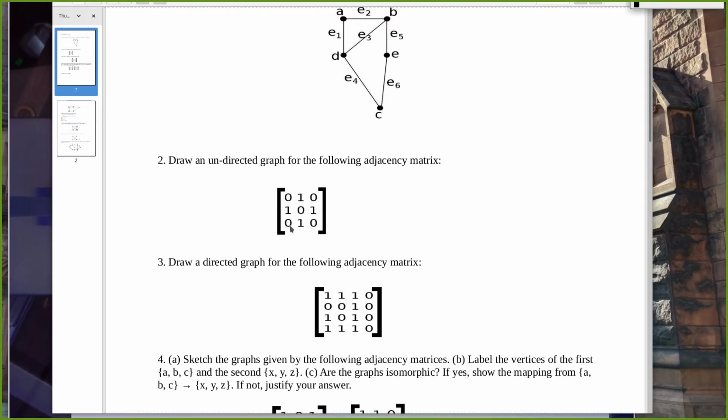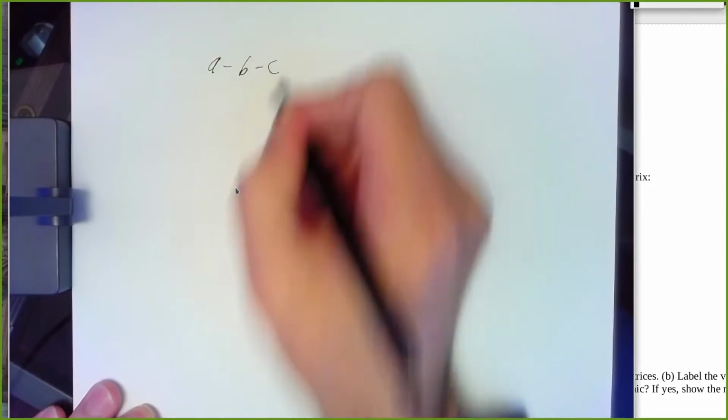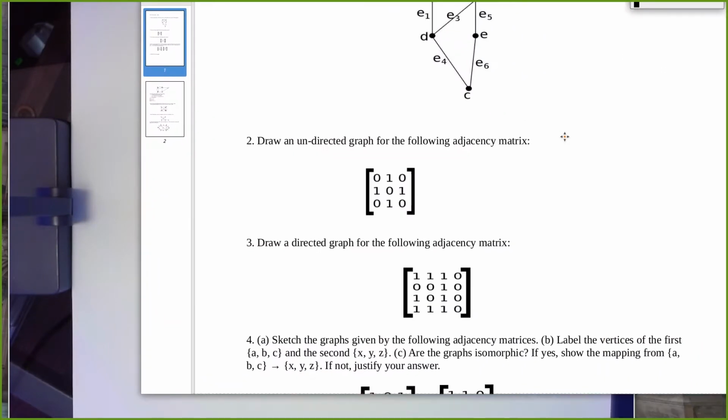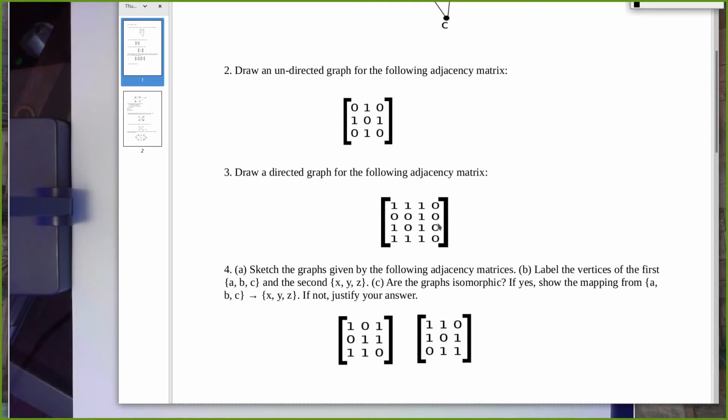And so this ends up looking pretty simple. Just something like this. So pretty reductionist graph. And then in question 3, it changes to a directed graph.